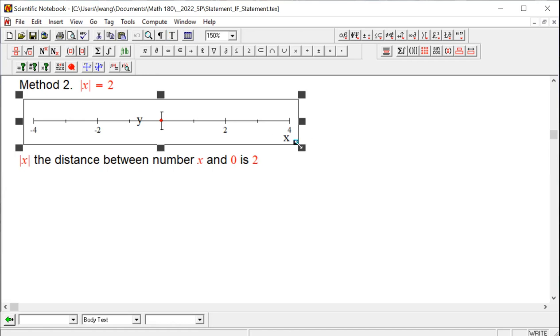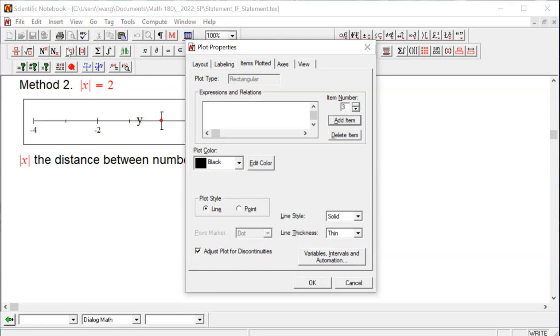So we get 2 numbers whose distance is 2.